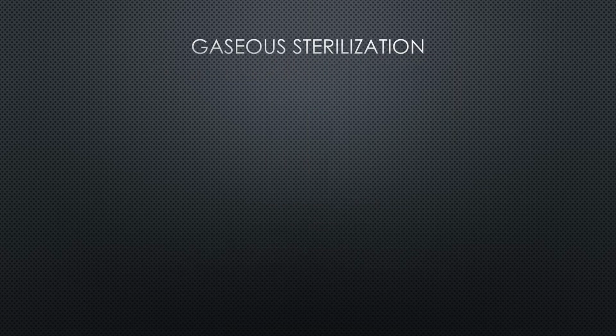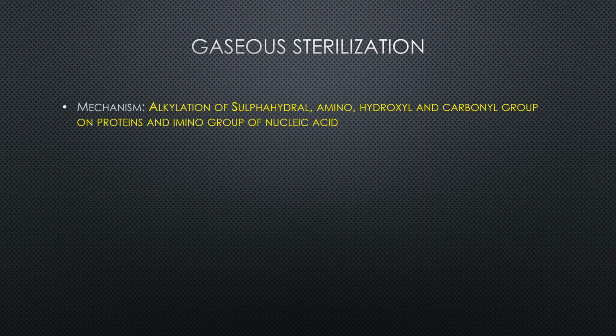Now, as I have told you, ethylene oxide and formaldehyde are used for gaseous sterilization. The mechanism of both gases is the alkylation of sulfhydryl, amino, hydroxyl and carbonyl groups on the proteins and imino groups present in the nucleic acid.